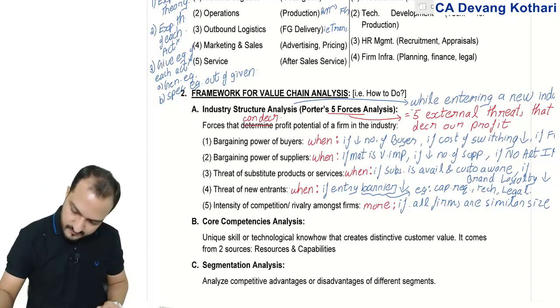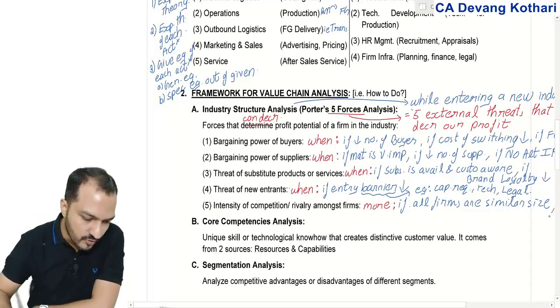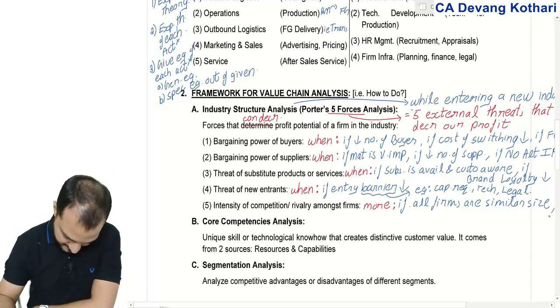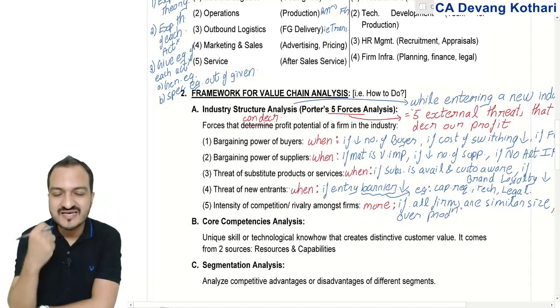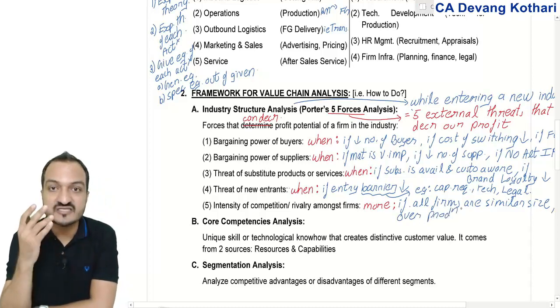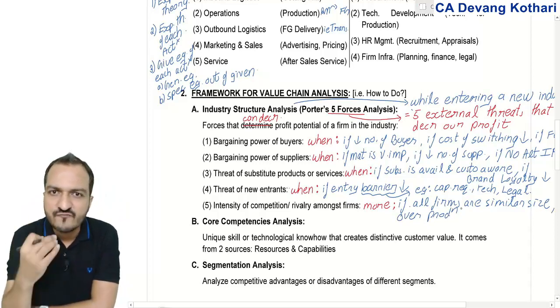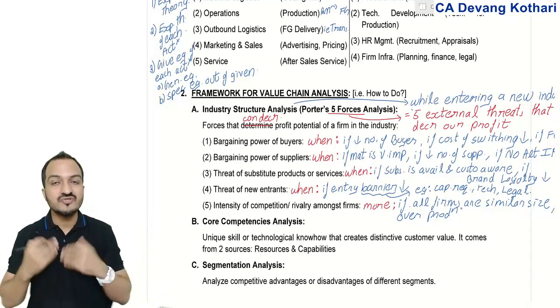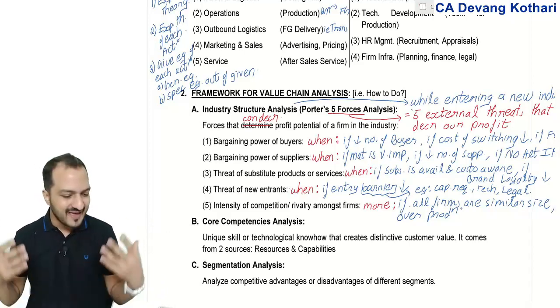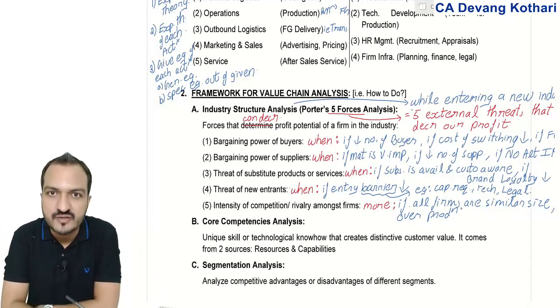Intensity will be more if there is overproduction in the industry. If there is excessive production, so there is excessive supply in the industry, every supplier is trying to sell his product. There will be oversupply and there will be intense competition in the industry, right?